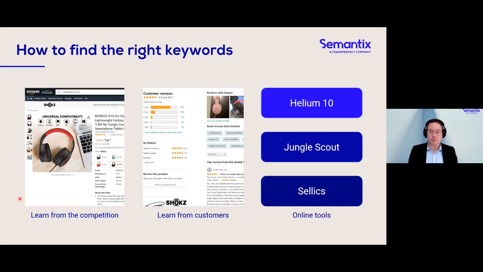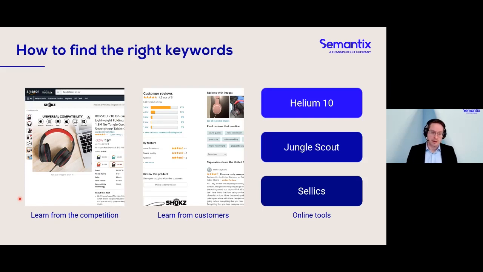And remember that because Amazon does not publish how its algorithm actually works, these tools are really just an aid to help you find the right keywords. Keyword research for this and any other platform is more art than science. So it's all about finding it from the competition, learning from your customers, and so on.